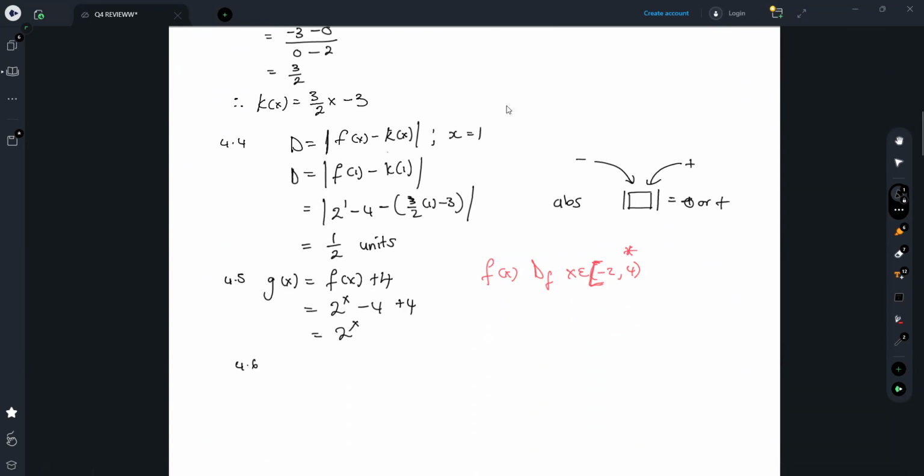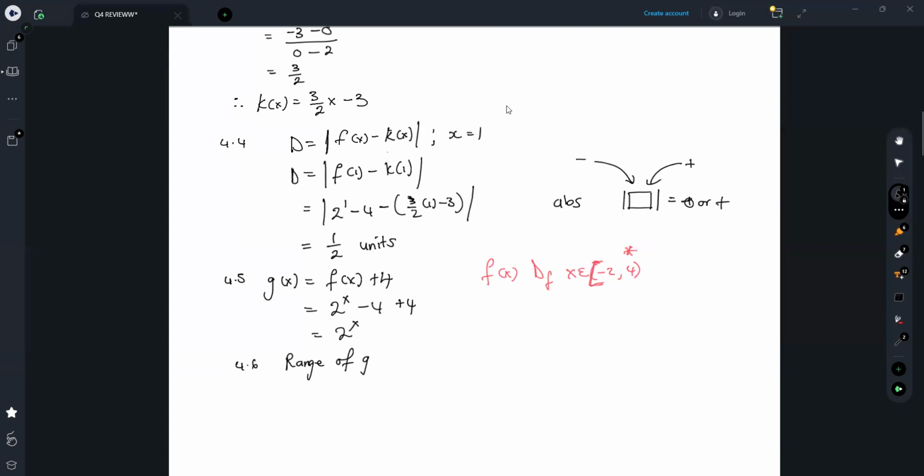So we have 4.6 here. If we were to calculate, let's find the range of G, because we know that the range of G is going to be the domain of G inverse, of the inverse, right? So now we know that this function exists between -2 and 4.